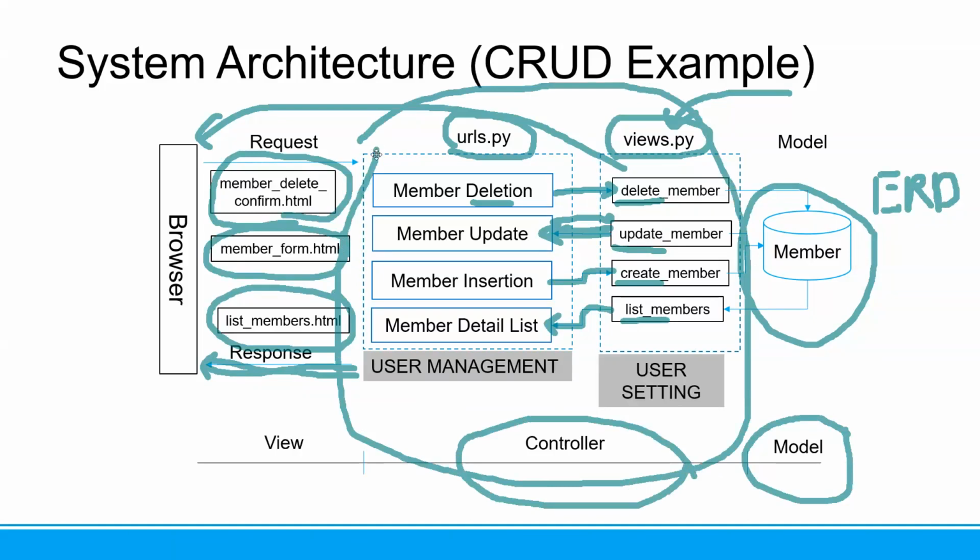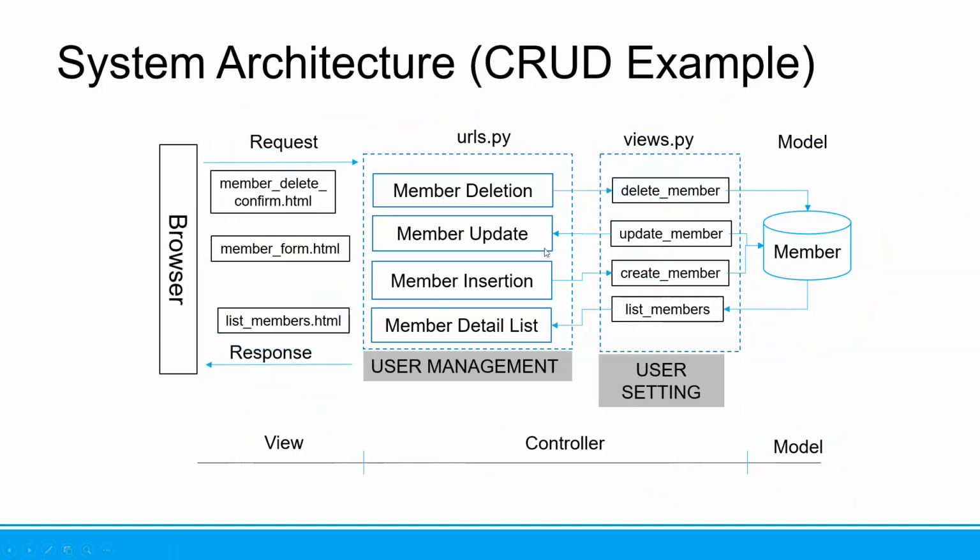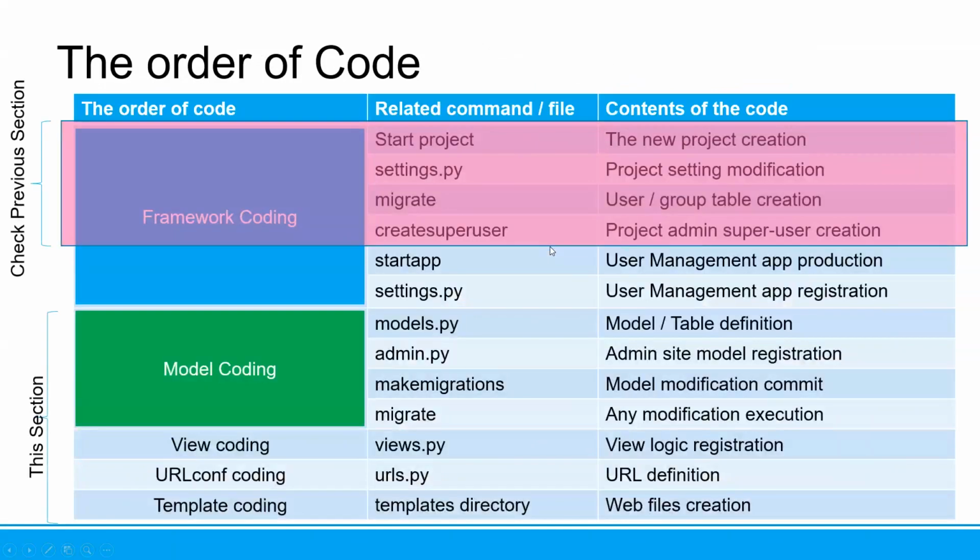We want to control all those things from the data into the web browser. And we want to show it into the views. Okay, with this system architecture, we can create the project.